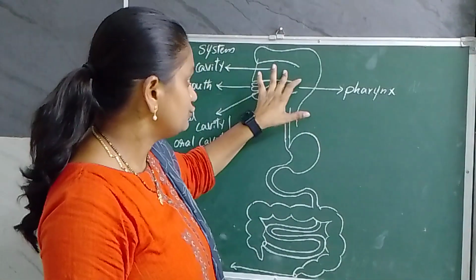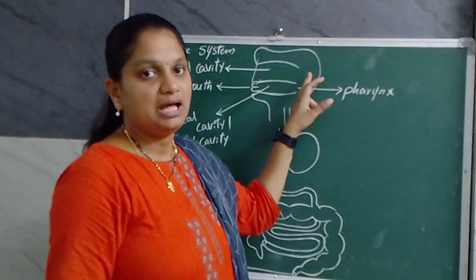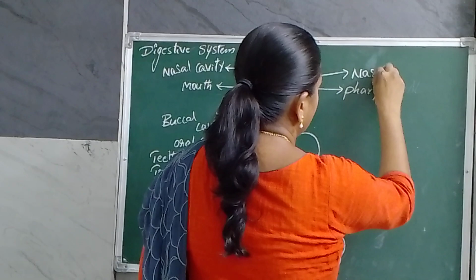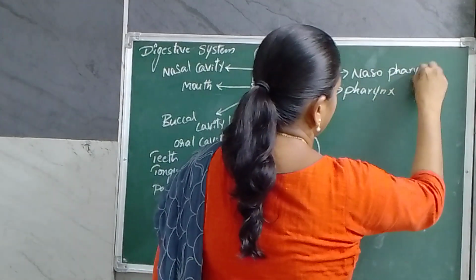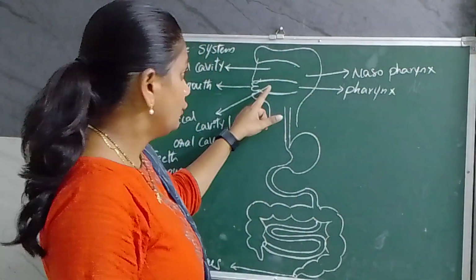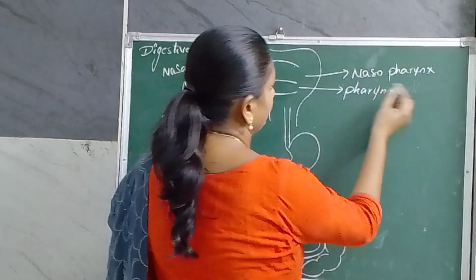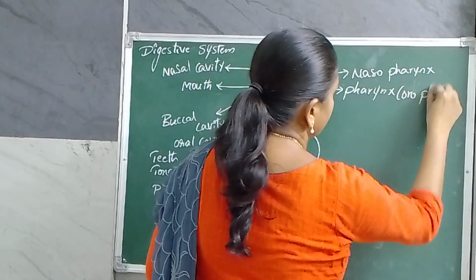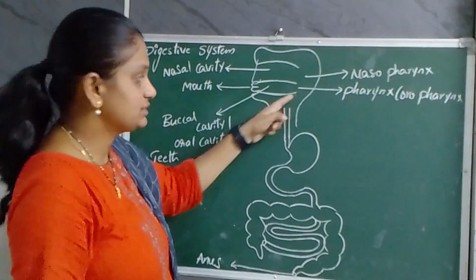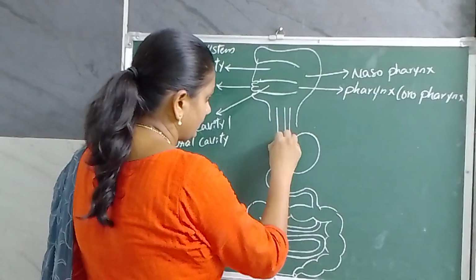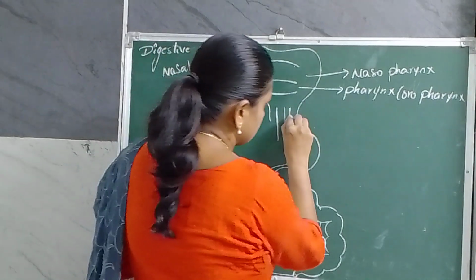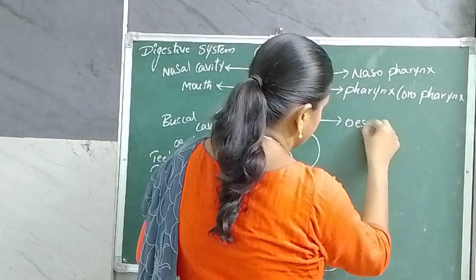The portion of the pharynx that arises from the nasal cavity is called the nasopharynx. That means the pharynx has three regions. The nasal cavity opens into the nasopharynx, the oral cavity opens into the oropharynx, and this pharynx continues and opens into, what is this structure? This is the esophagus.